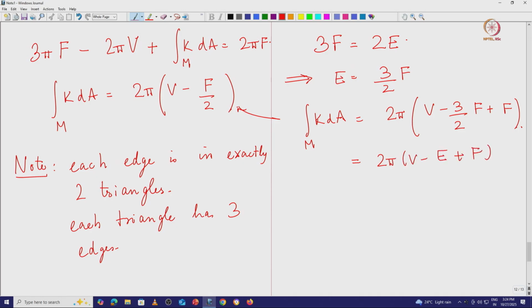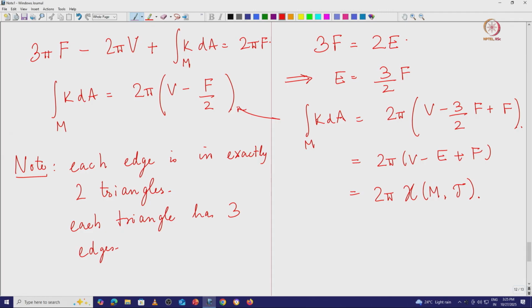This is the Euler characteristic. Okay. So that completes the proof of our global Gauss-Bonnet. So it all now boils down to proving this local sum of angles property, or the local Gauss-Bonnet.